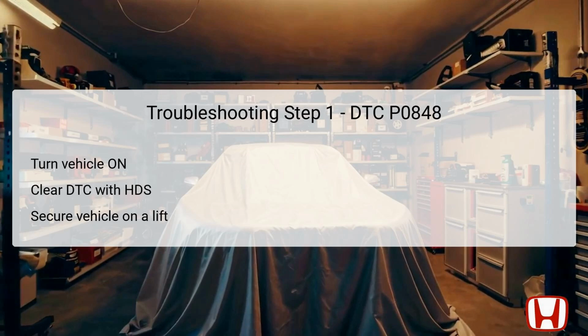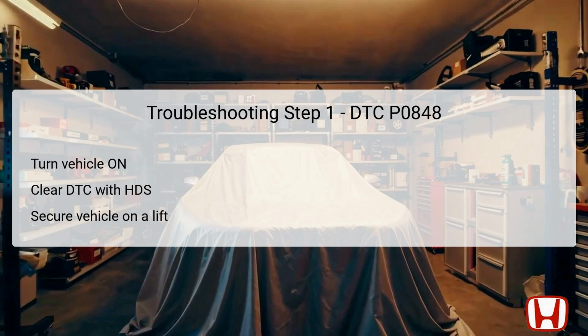Start by turning the vehicle to the on position, which supplies power to the components without starting the engine. Post this, utilize the Honda Diagnostic System, HDS, to clear any stored DTCs. Following this, raise the vehicle securely and ensure all four wheels can rotate freely for accurate testing.